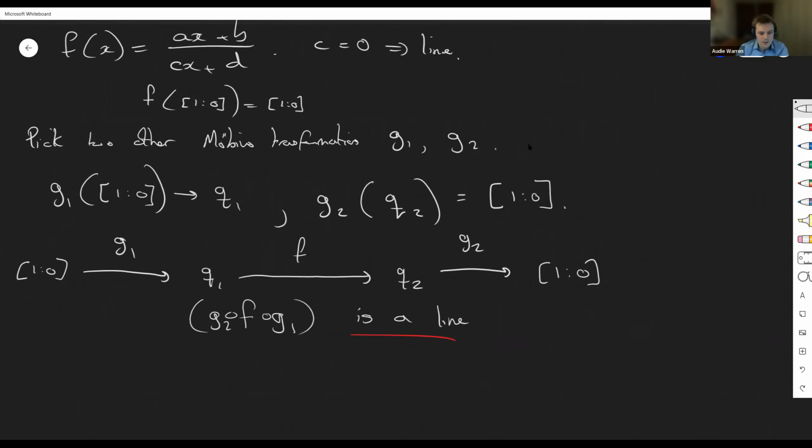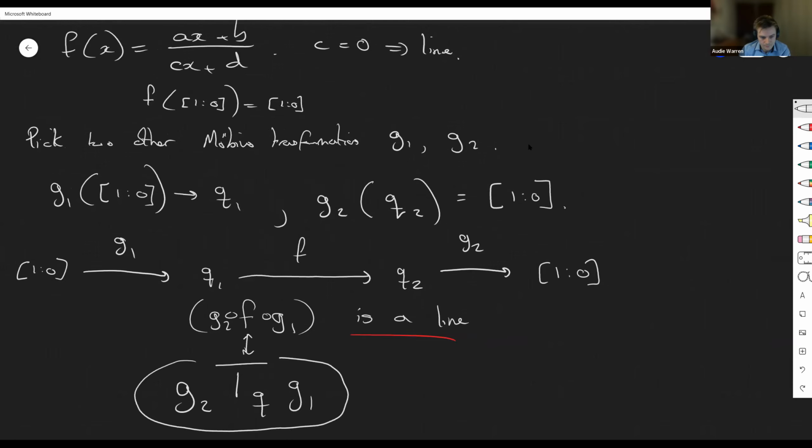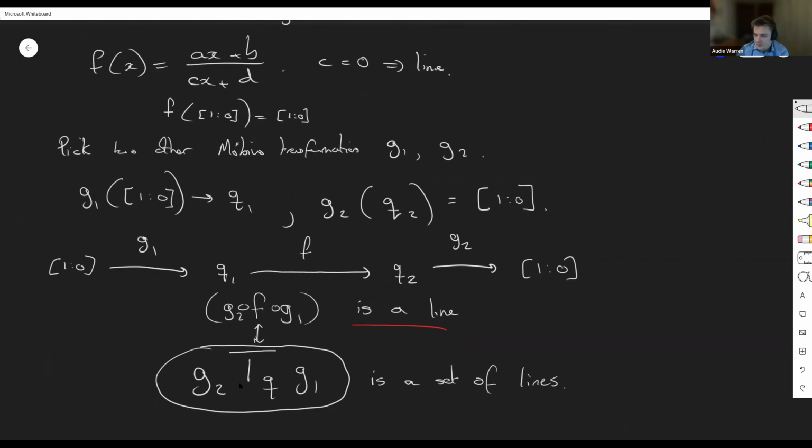Okay, so now we look at the entire set. f here could have been anything. So we now look at the entire set G2, T_Q, G1. And this set here is actually a set of lines. Now, there are some technical details which I don't want to give at all, but suffice it to say, when we do this composition, we only lose one incidence.